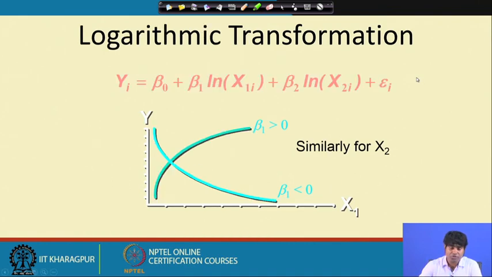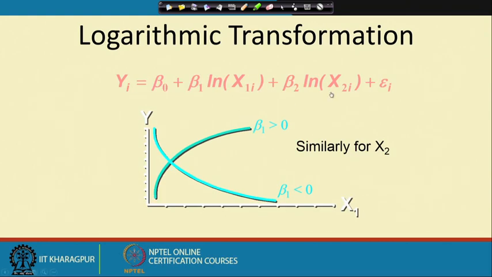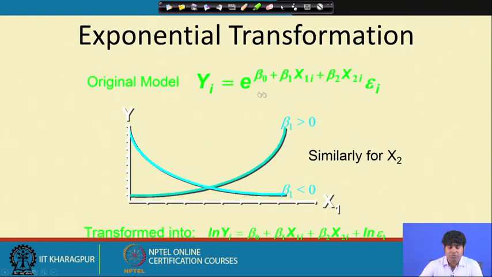Compared to the previous one, one way you can first find y and log x 1 and log x 2. Then you can keep y constant, and x 1 will be changed to root x 1 and x 2 to root x 2, and then go ahead with estimations.